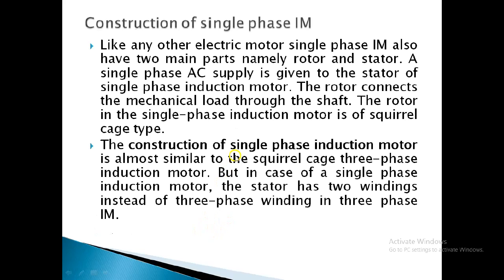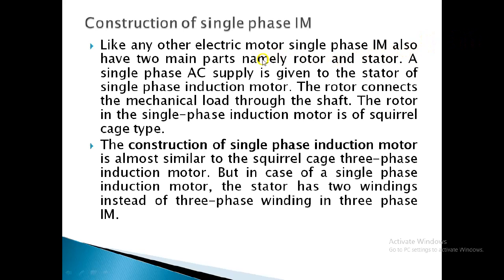Next, come to the construction of single phase induction motor. Like any type of electric motor, single phase induction motor also has two main parts, rotor and stator. Rotor is the rotating part and stator is the stationary part.